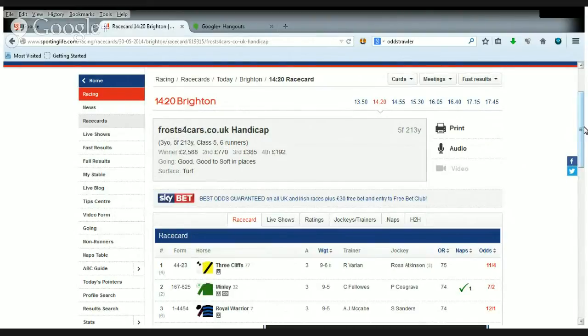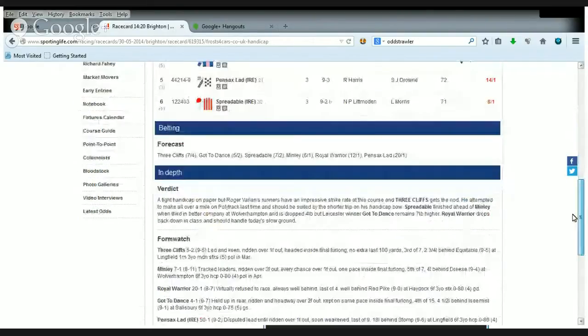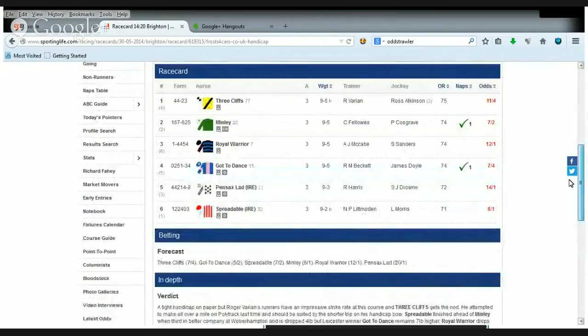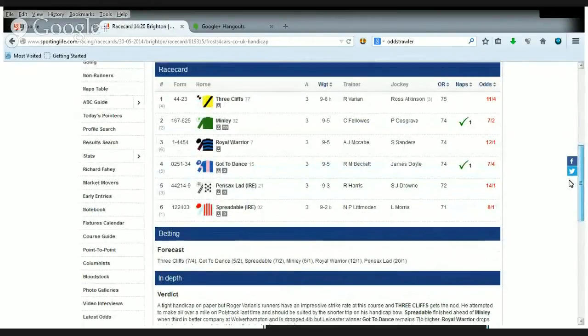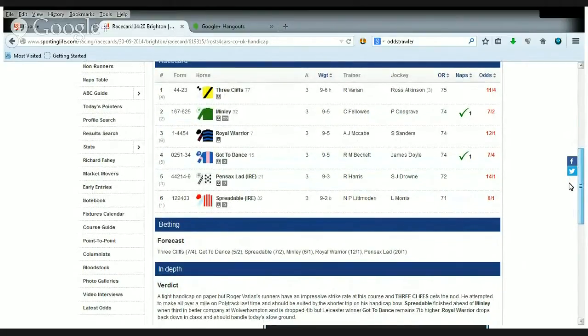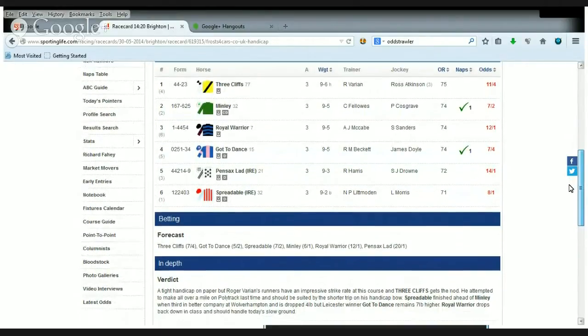Got to Dance and Spreadable. Excellent. Got to Dance is a nap for Tom Pepper, Tepplegate, sorry. And Got to Dance, Tom Pepper. We're looking at Got to Dance 7 to 4, and 8 to 1.